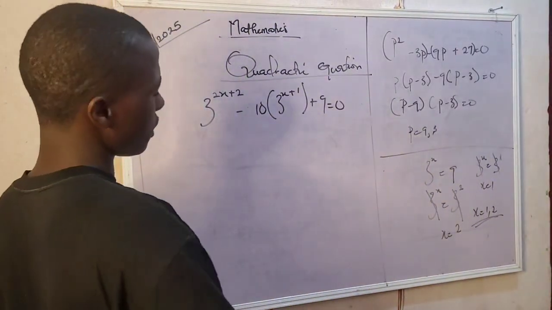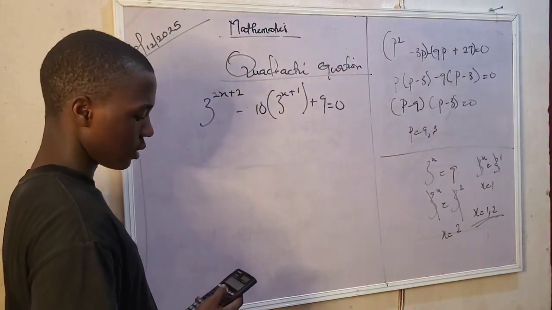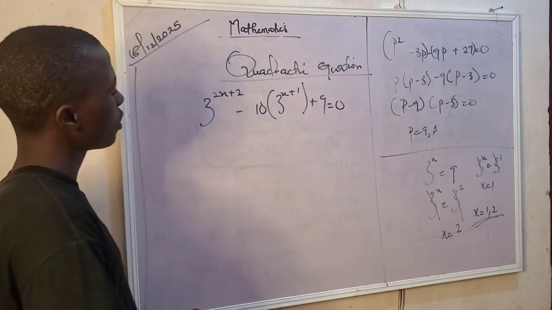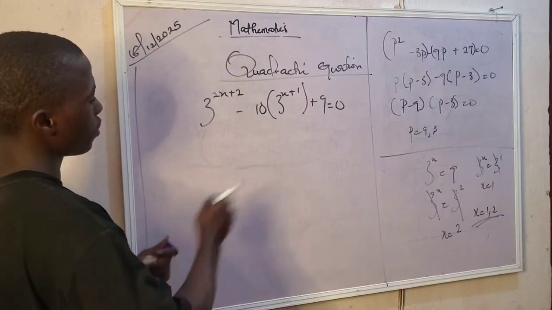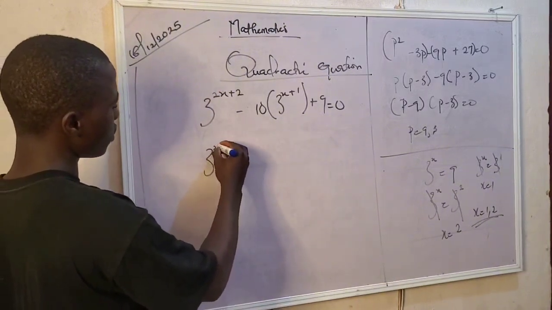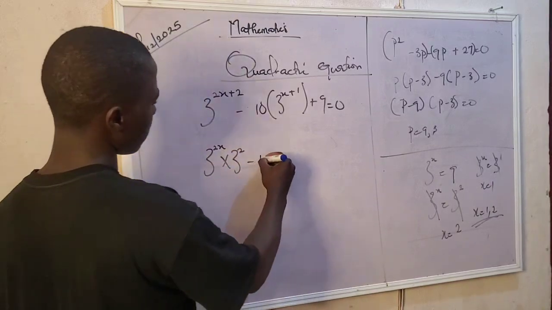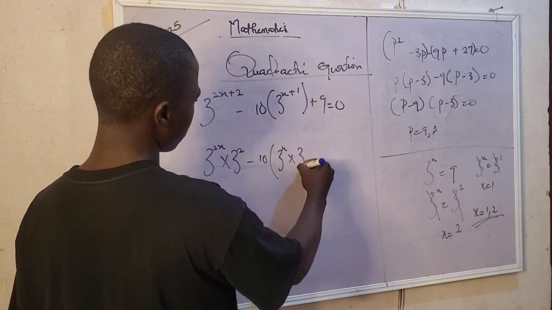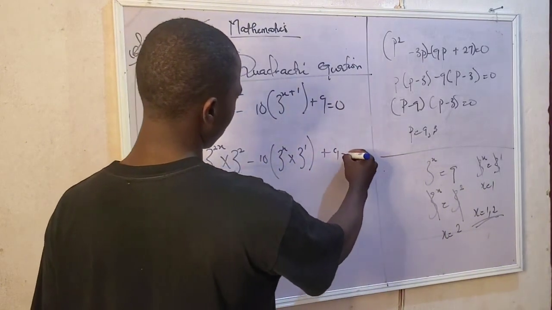So what I'm going to do here, we also apply some laws of indices and see how it works out for us. So I'm going to break them down. This becomes 3 to the power of 2x times 3 to the power of 2, minus 10 times 3 to the power of x times 3 to the power of 1, plus 9 equals 0.